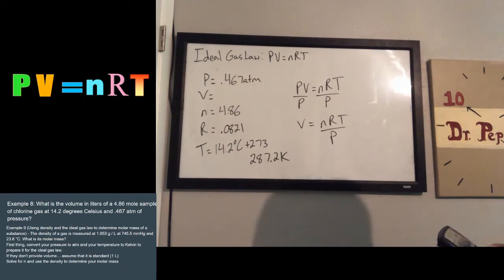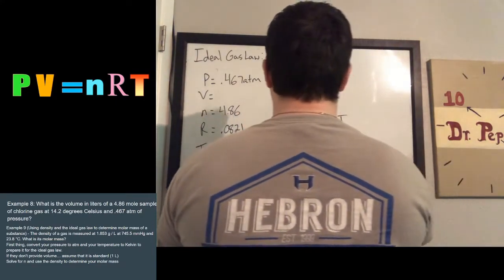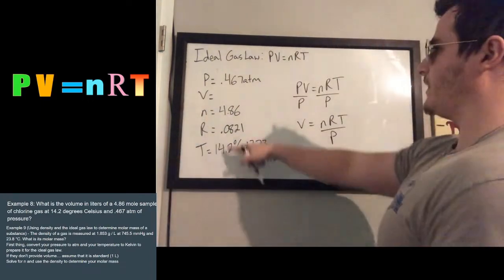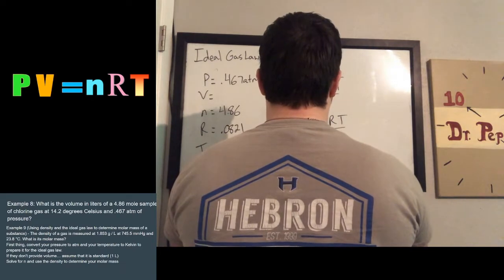Look at this, it's like we're actually solving the problem together. I hope you're plugging in the calculator right now. And the answer you get is 245. Let's see, we started with 3 sig figs across the board, so 245 liters.